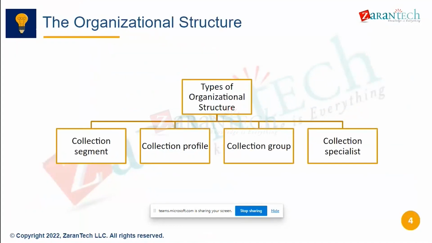So first of all, the part of your org structure for the collection management module. You have these three things. First you have the collection segment. How you define this collection segment is basically based on the credit control area which you are having. For example, let's say you have multiple company codes in the organization, but you follow one specific credit control area for them.